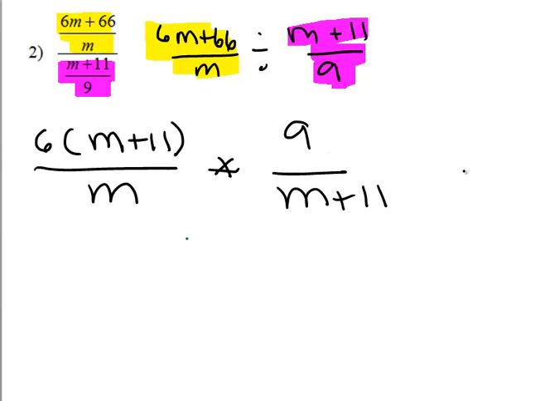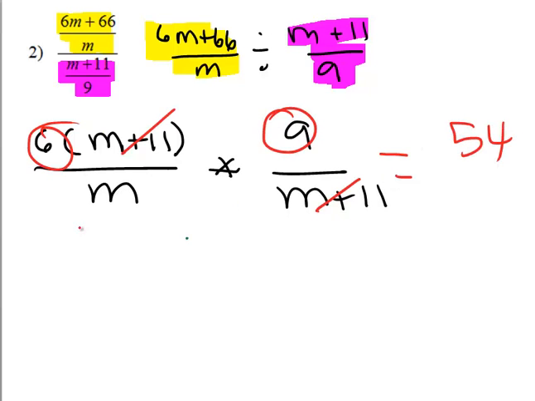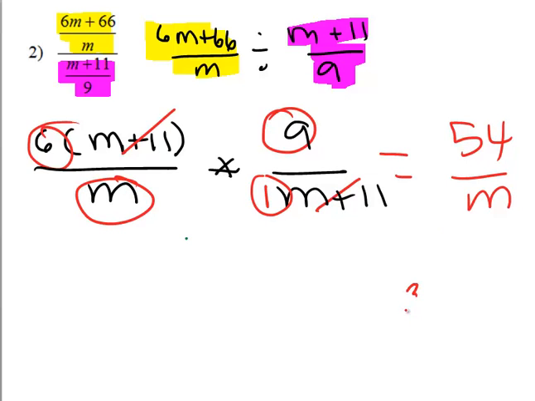Before I do any multiplication across, I get to do some factoring, or canceling rather. M, that's 1. So that's going to leave me 6 times 9 is 54, and m times 1 is m. And that's my answer. Copy that one for me, and I'll see you in the next video.